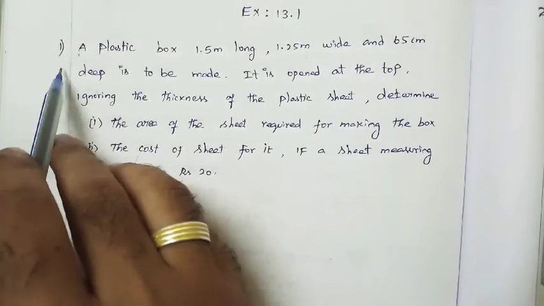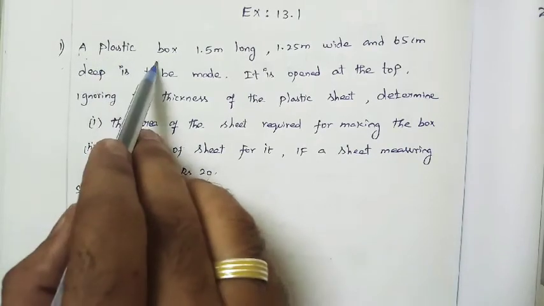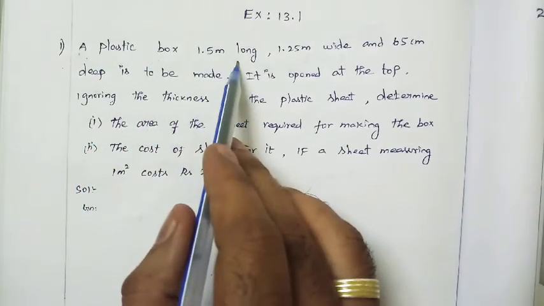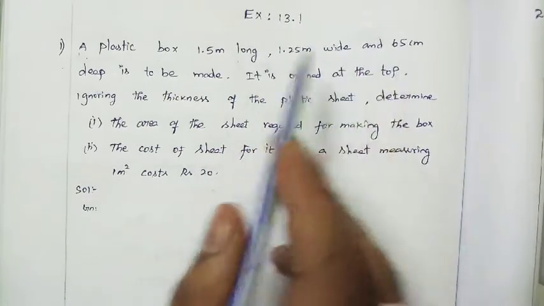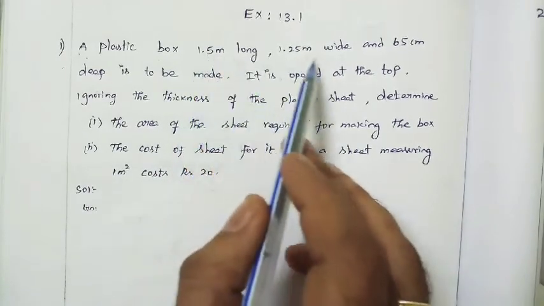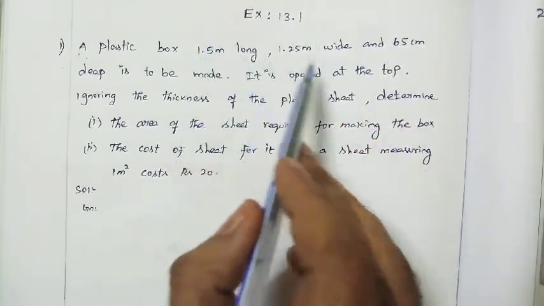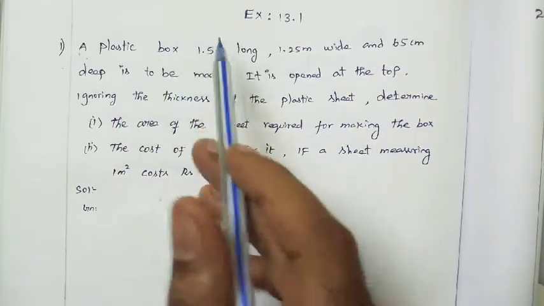Okay, sum number 1. A plastic box 1.5 meter long, 1.25 meter wide, and 65 centimeter deep is to be made. While we are seeing the dimensions, we can say whether the plastic box is a cube or cuboid.